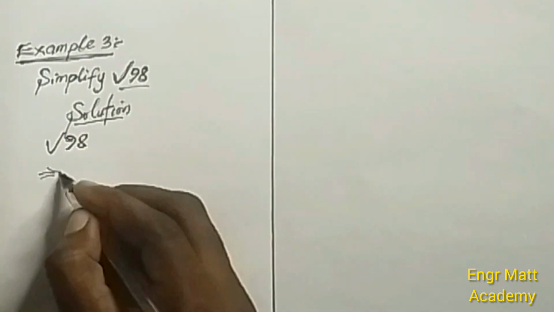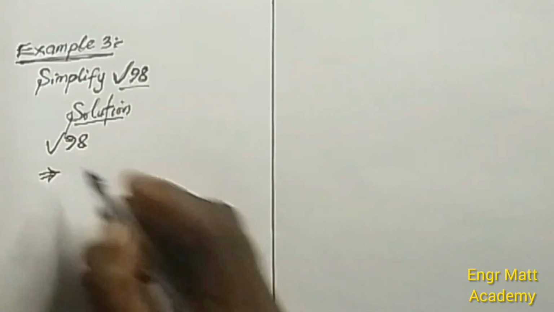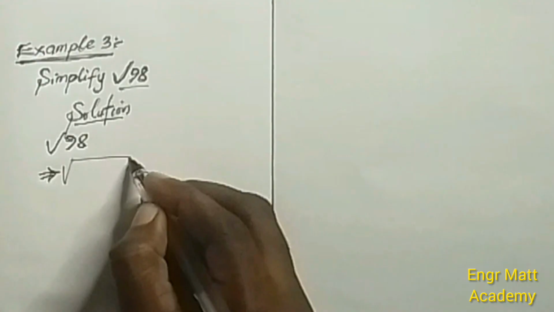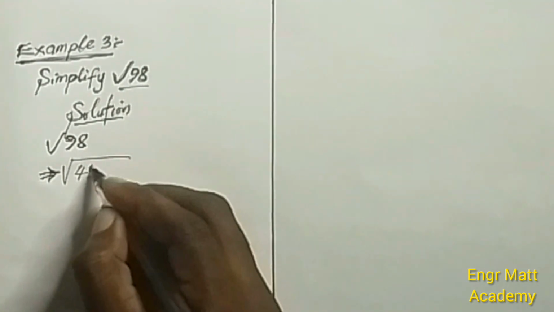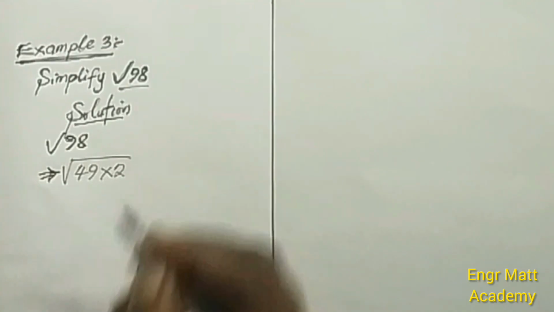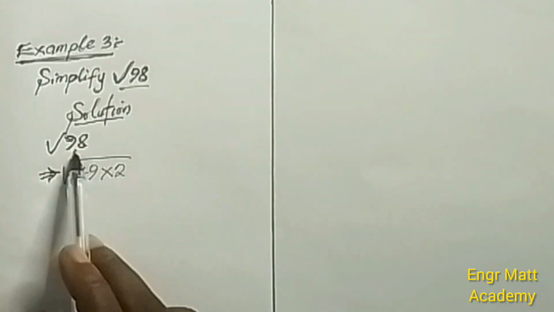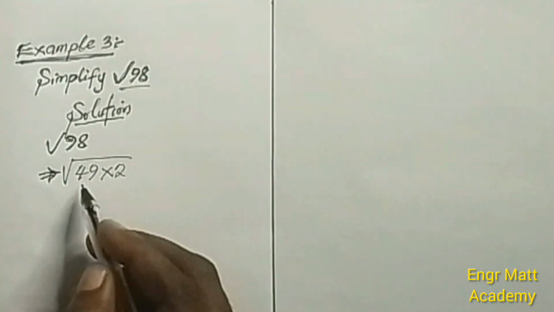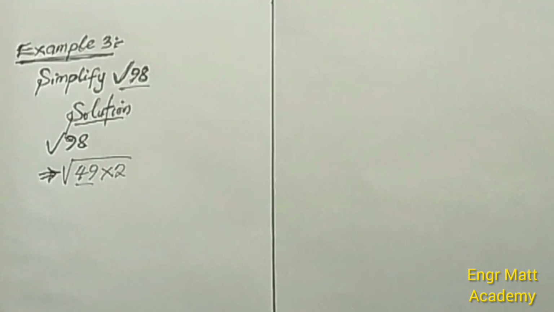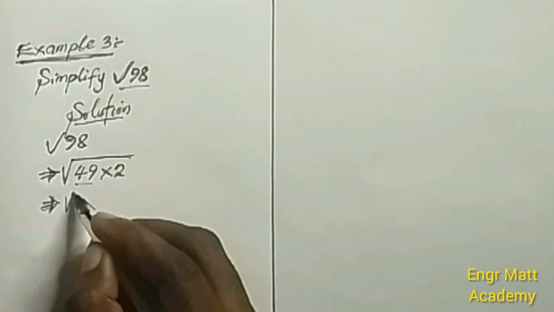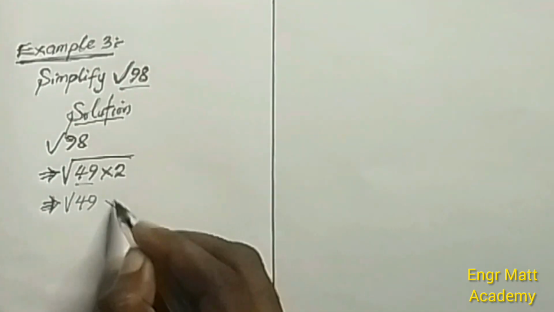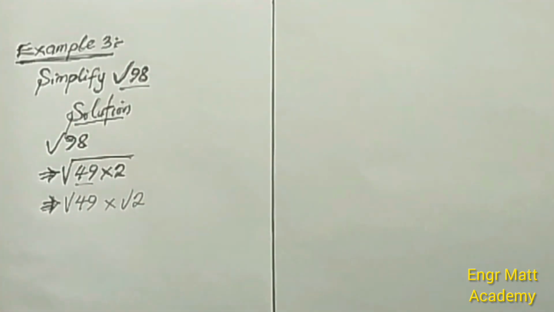If you are following through so far, you will know how to get that. We split 98 to 49 times 2. Yes, 49 times 2 will give us 98, and 49 is a perfect square. We can separate this to be root 49 times root 2.